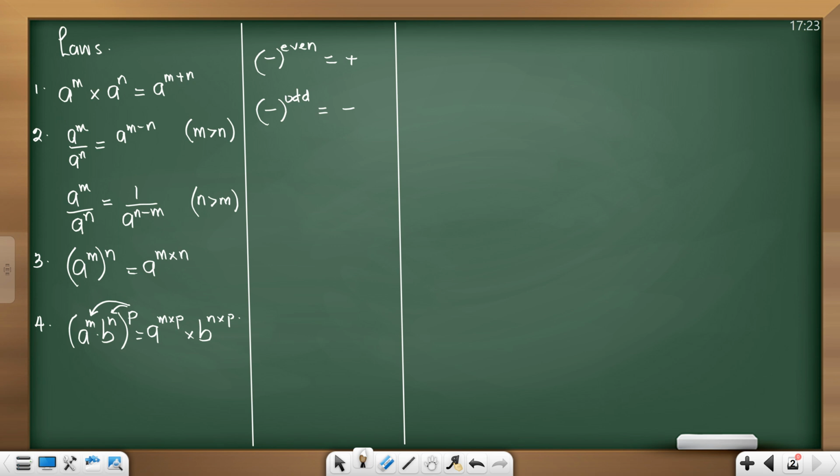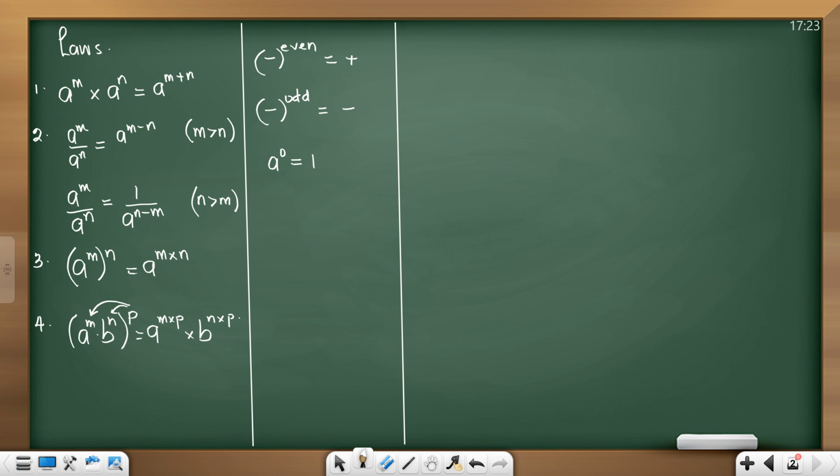So these are very important points. And finally, for now, anything to the power of 0 is 1. It's important to quickly note all these laws, make sure you're able to see them because we are going to apply them. And please note, there's a difference between multiplication and addition and subtraction.